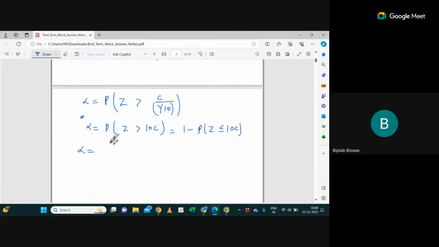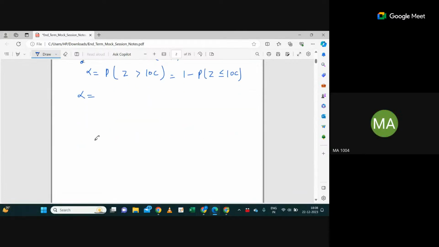No. See, how will you define your capital F of X? Tell me. This is nothing but probability, let's say this is A, X less than or equal to A, right? This is the same as X less than A when X is a continuous random variable, right? In case of continuous, equality doesn't matter, because probability at a single point is 0.